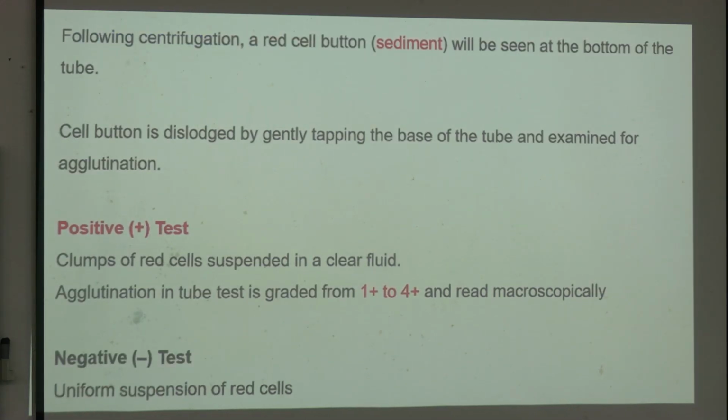Now following centrifugation, we will find a small red cell sediment at the bottom of the tube. If it is positive, we will find that clumps of RBCs are suspended in the fluid. And in case of a negative test, there will be uniform suspension of RBCs.